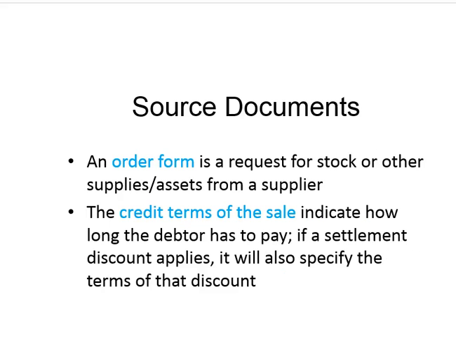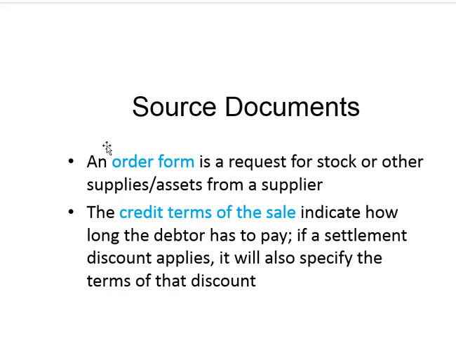An order form is a request for stock or other supplies or assets from a supplier. The credit terms of the sale indicate how long the debtor has to pay. So if a settlement discount applies, it will also specify the terms of that discount. An order form, while it's a request for purchase, usually isn't the source document until we receive the goods.